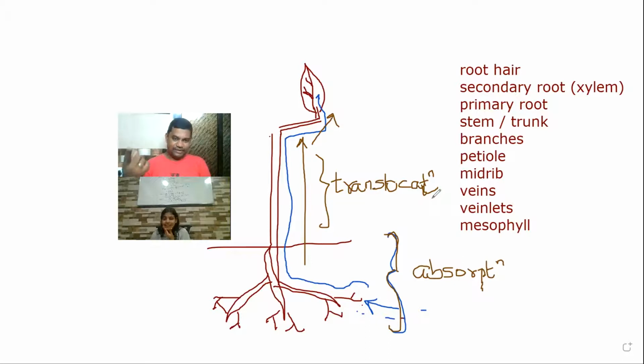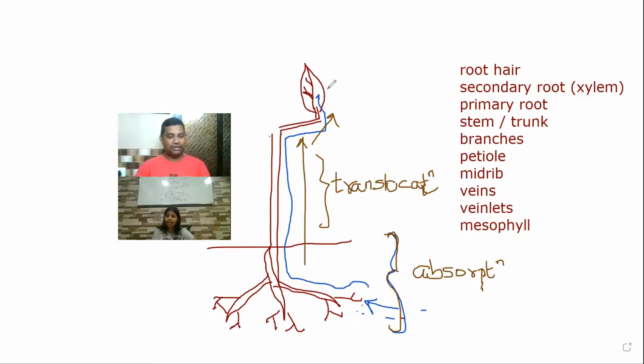So ये translocation. And then when the water reaches the leaves in the mesophyll, these are cells where the water is used up. Plants बहुत सारा पानी absorb कर लेते हैं. But all the water that is absorbed and translocated is not used by the plant.